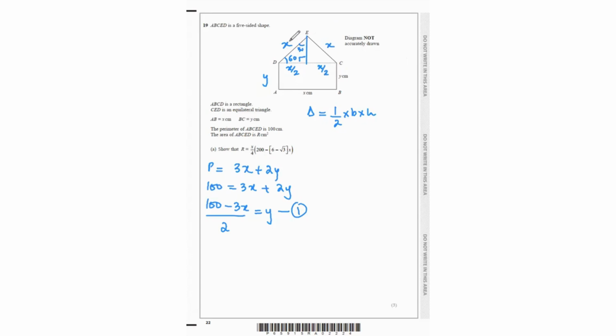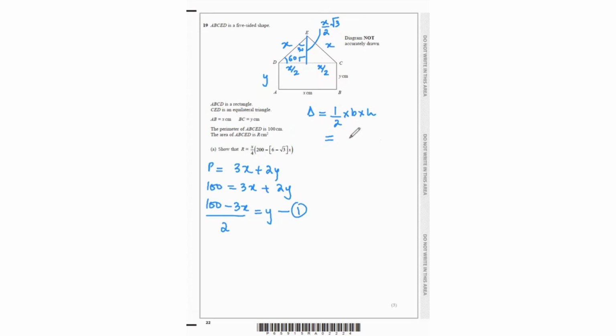If the length opposite to 90 is X, the one opposite to 30 is going to be half of it, so that's X over 2. And the length opposite to 60 would be X over 2 times root 3. For this, you need to know your special triangles. So based on that, the height is X over 2 root 3.